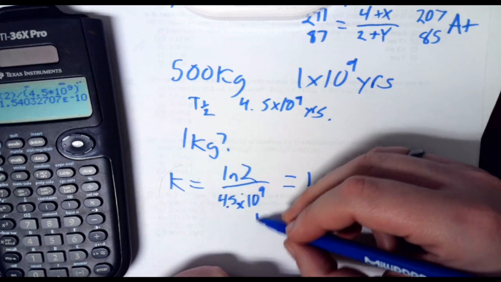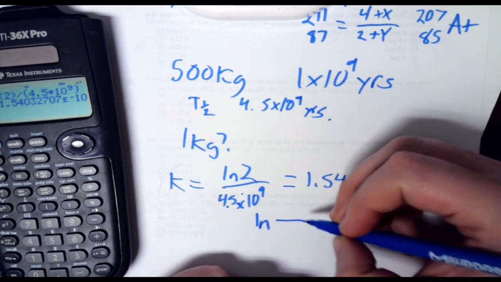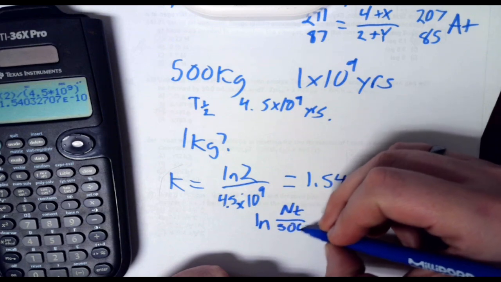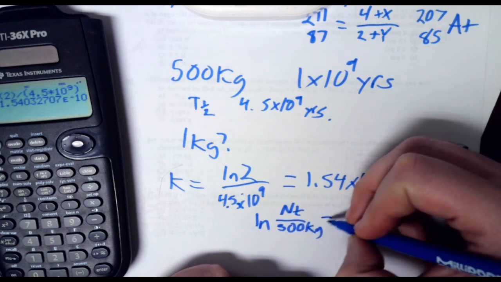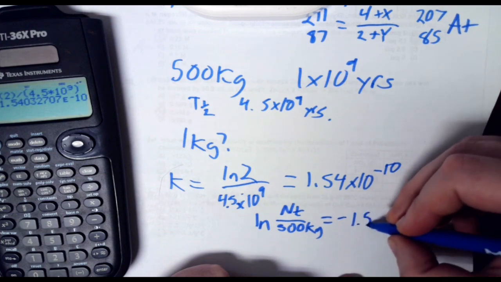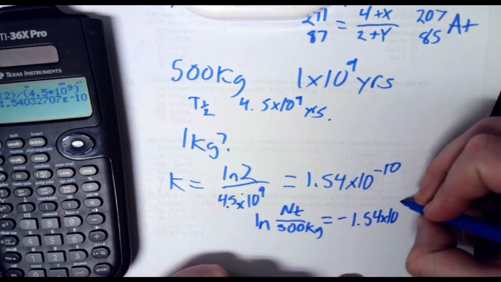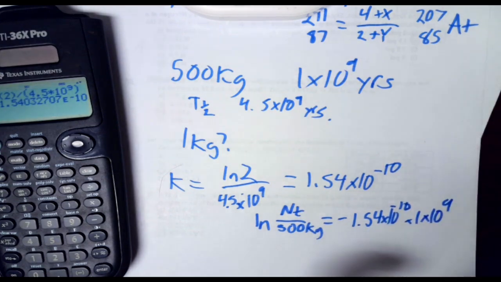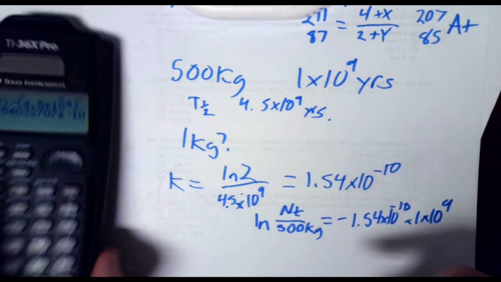Well, ln of N at time t over 500 kilograms equals negative 1.54 times 10 to the negative 10th, times 1 times 10 to the ninth. So just a billion years.